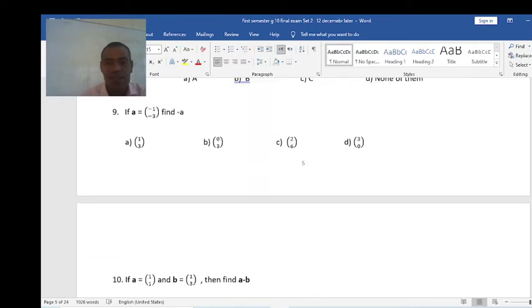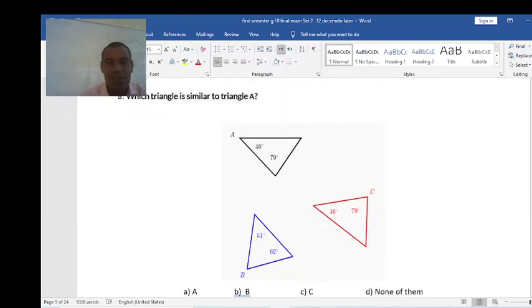Then triangle B, my learners, we have 51 degrees and 62 degrees. So which one in your opinion is similar to A? Except A, of course. We are going to find another similar triangle, else A.